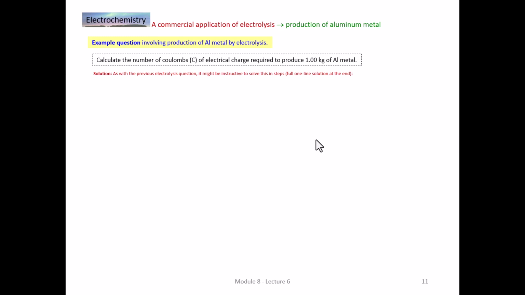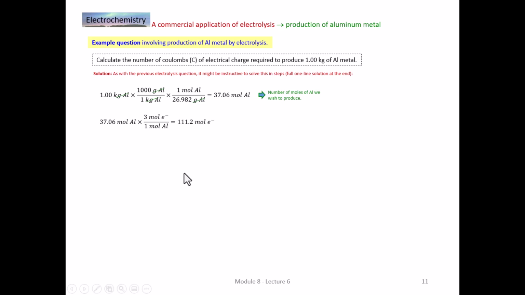Now, as with the previous electrolysis question, we'll try this one line at a time. So what I'm going to do here is take our kilogram of aluminum and change it into grams. And then I'm going to change the grams of aluminum into moles of aluminum. And so what we have here is the number of moles of aluminum we wish to produce. 1 kilogram would be 37.06 moles of aluminum.